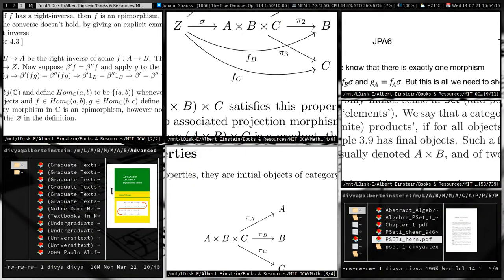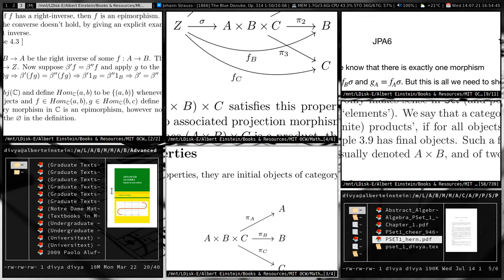So now problem 9, which is more on the products. You have a category with products. So that means for each pair of objects in the category, the final object in C_AB is the product.